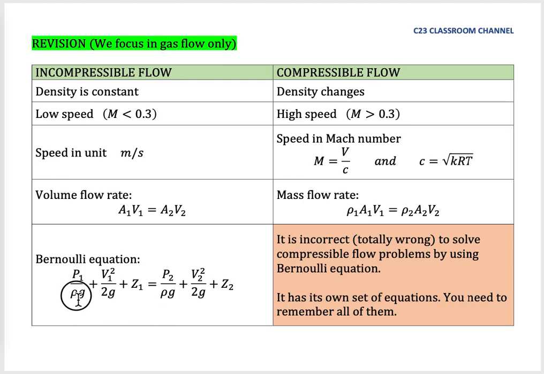The rho here is constant, while P1 V1 Z1 will change into P2 V2 Z2, but the value of rho remains constant. We don't have any rho 1 and rho 2 in the Bernoulli equation. So what we need to do is derive a set of equations, and then use those equations to solve any problem in compressible flow. After this, we will go on to the derivation of those equations.